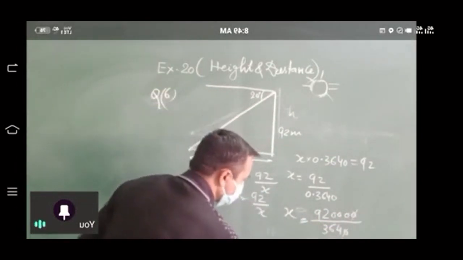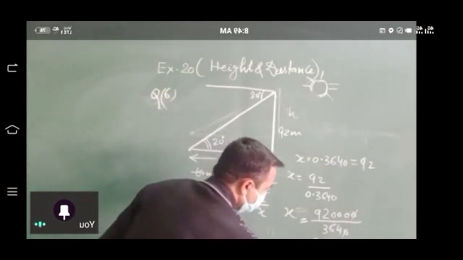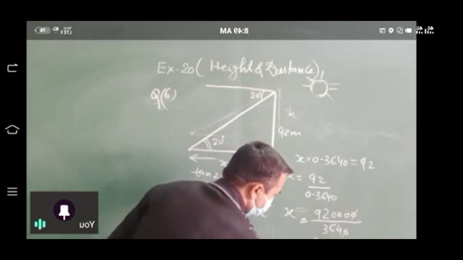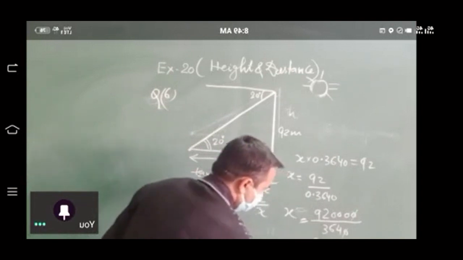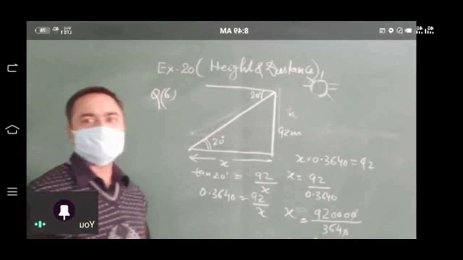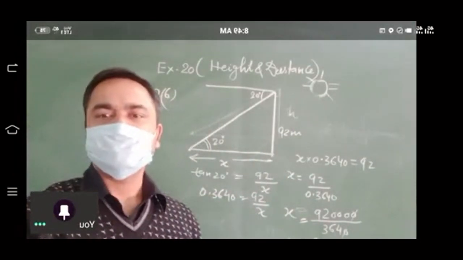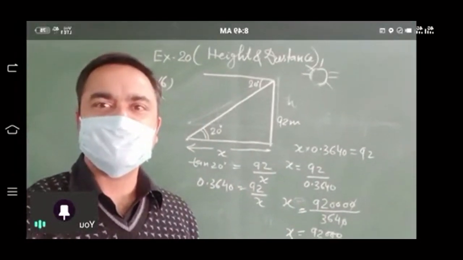Then this is equal to 92000 divided by 364. Now simplify this and tell me the answer.